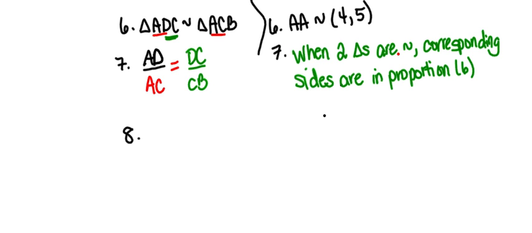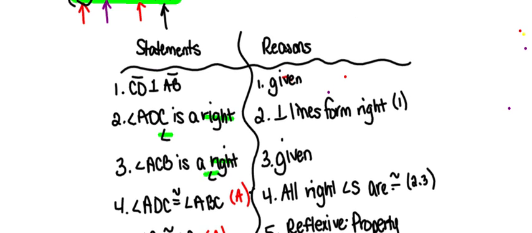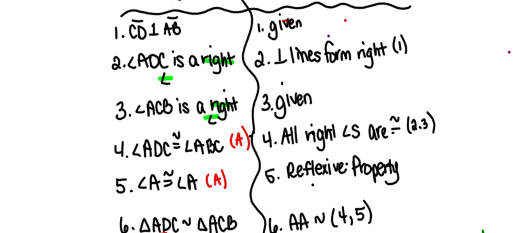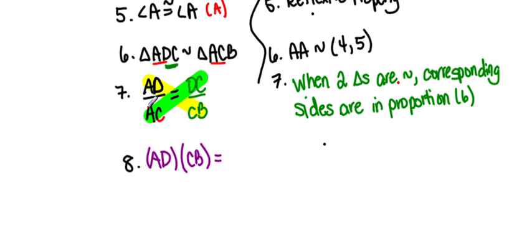We know that if we cross multiply, the product going in one direction is the same as the product going in the other. So I know that AD times CB, going this way in the yellow, is exactly equal to what I get going the opposite direction in the green, DC times AC.